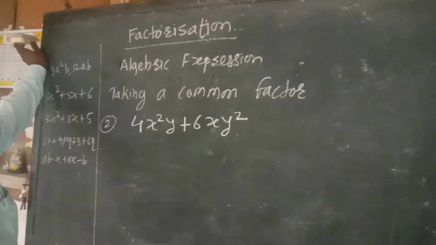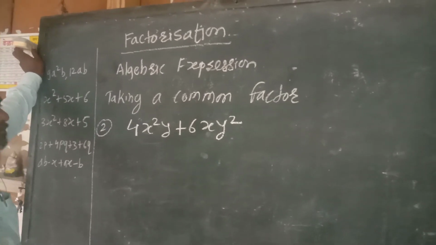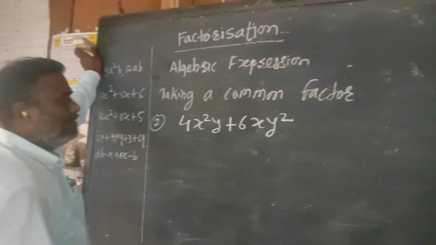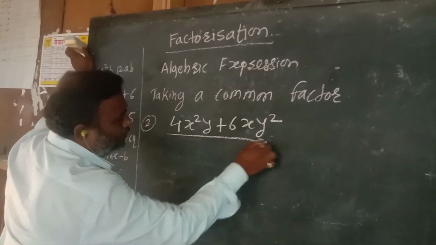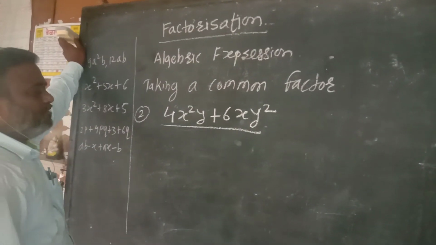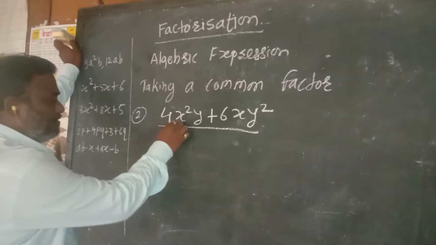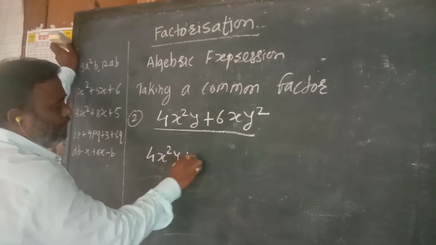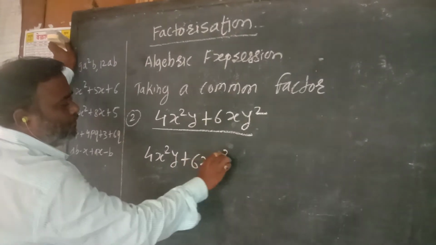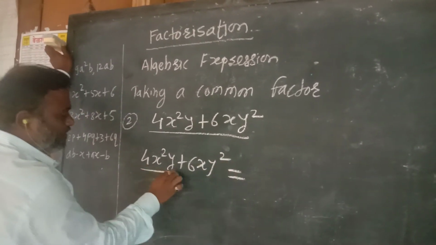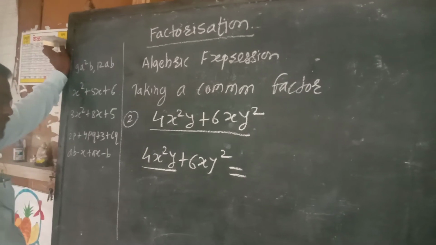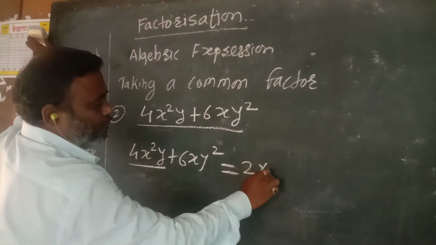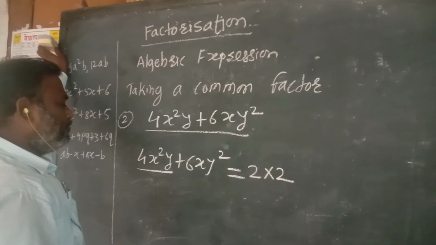Okay. Now we can discuss one more example for factorization by the common factor method. We have a binomial now. This algebraic expression is a binomial. Hence we follow the same procedure: 4x square y plus 6xy square. We first write the factors of 4x square y. For 4 we write the product of two prime numbers, that is 2 into 2.